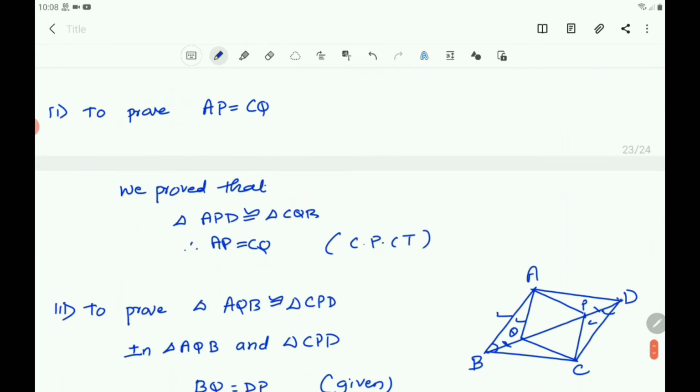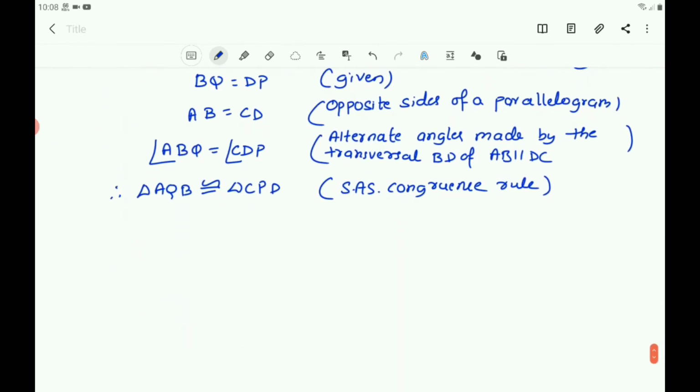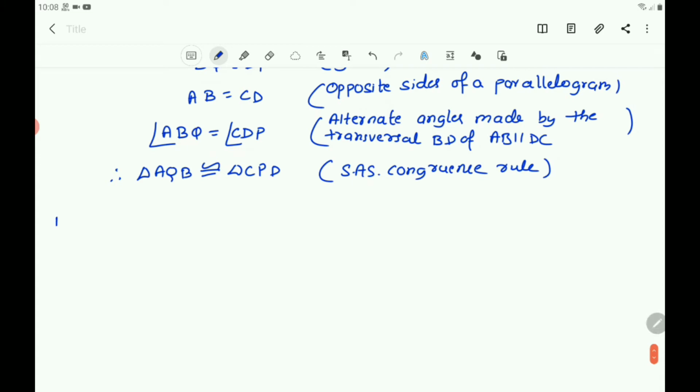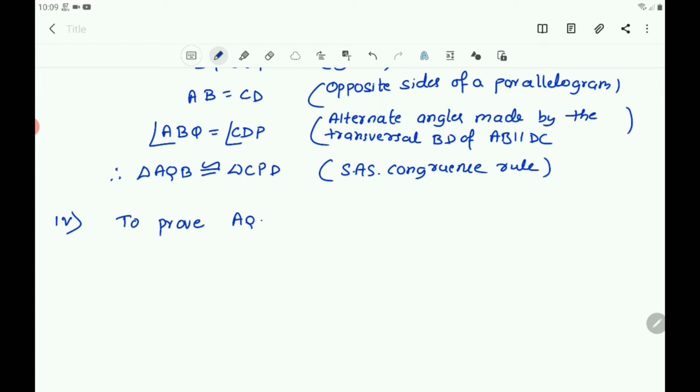So you write the fourth one to prove: AQ equals CP.